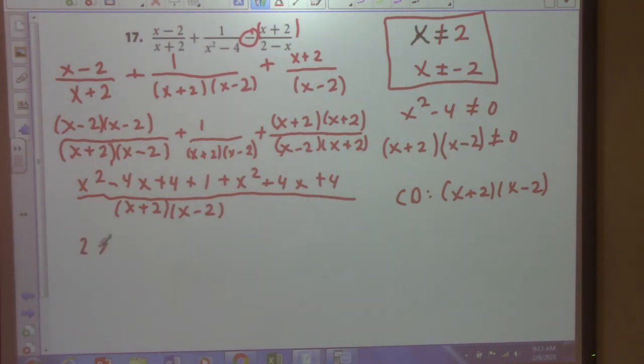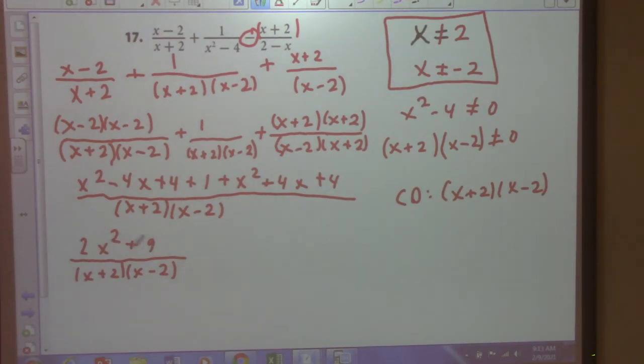That'll be plus 9, won't it? Over x plus 2, x minus 2. Everybody see where you got 9 from? 4 plus 1 plus 4. And 4x minus 4x cancel each other out.